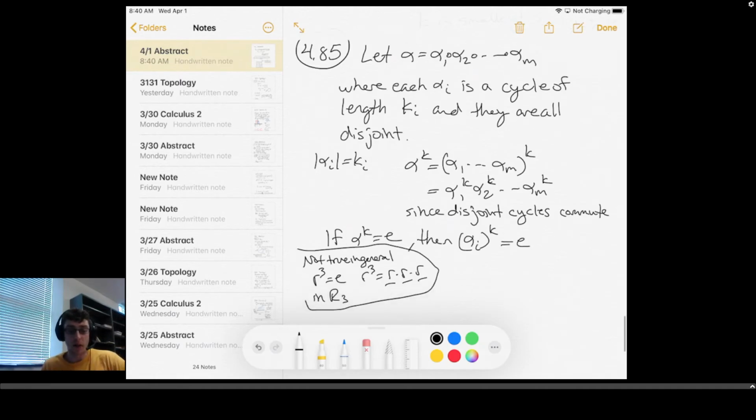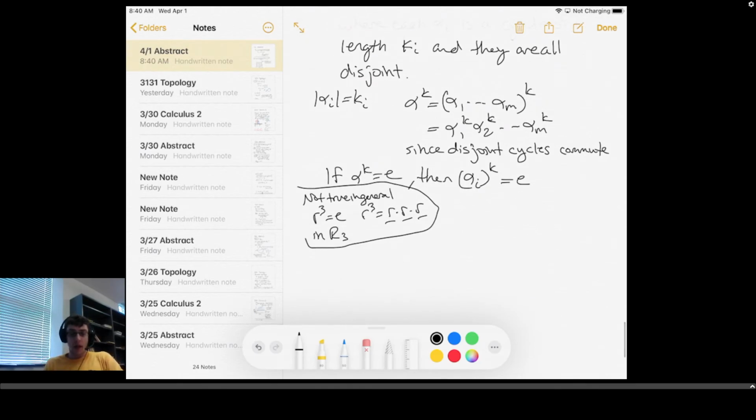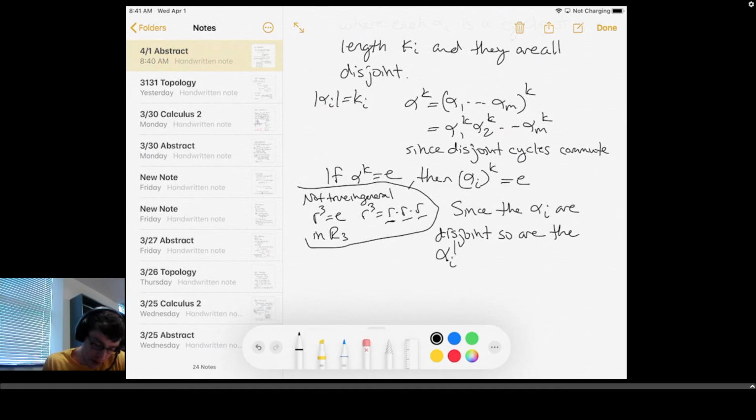Because they're disjoint cycles. Exactly. You can have things that multiply together and give you the identity, but you can't do it if they're disjoint, right? So since the alpha_i are disjoint, so are the alpha_i to the k, right?